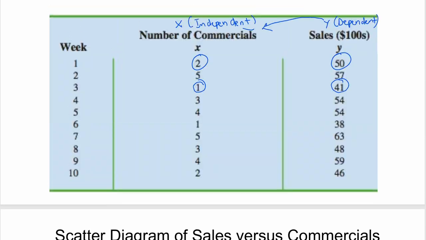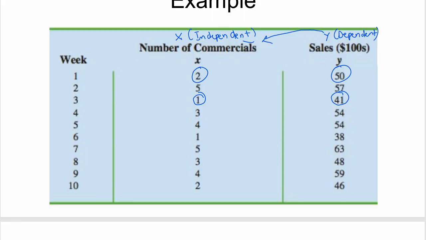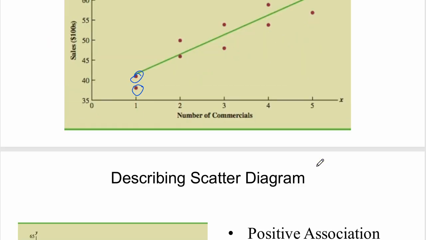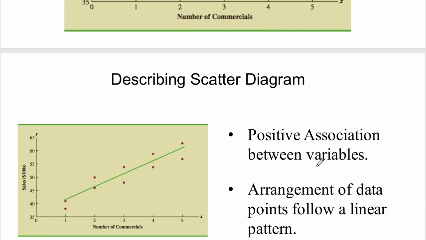And this data point here is represented by the relationship that exists between the X value of 1 and the Y value of 38. Now, based on this data plot, what do we see or what can we say? From our data plot, we can definitely say that there seems to be a positive relationship between number of commercials and sales.